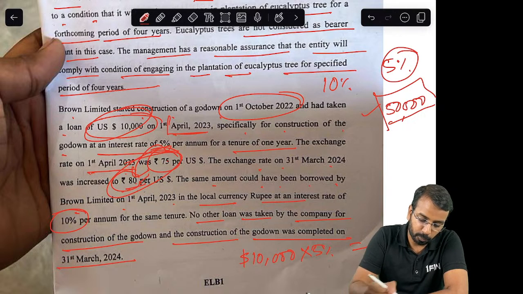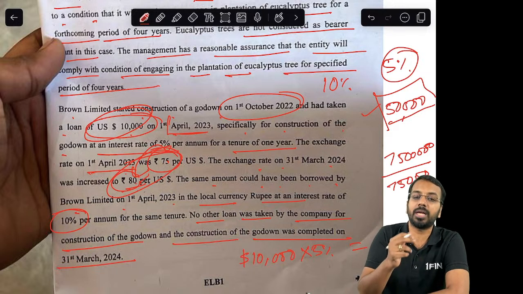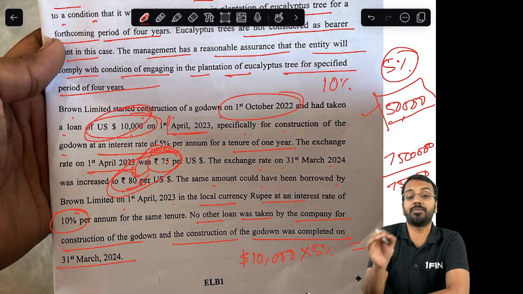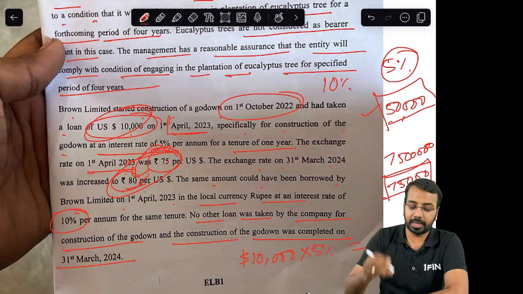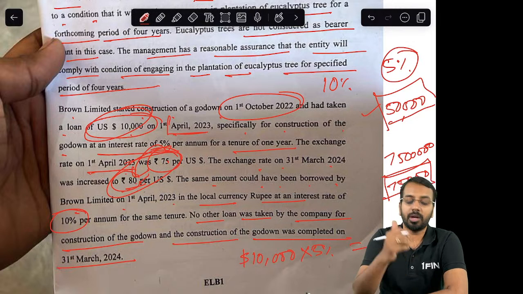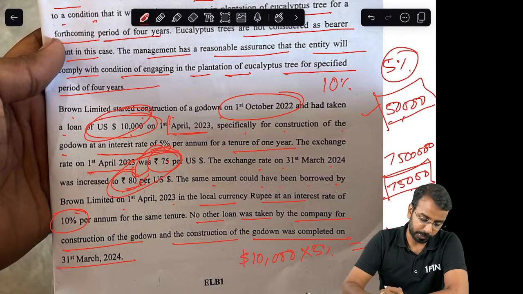Then if you borrow locally, $10,000 into 75, you get 7,50,000. Local interest rate would have been 75,000, right? So 75,000. So whatever savings have been there to that exchange, the exchange fluctuation will be treated as borrowing cost. So here you have 40,000 of interest, 75,000 if you borrow in local currency. So the difference, that is 35,000 out of 50,000, 35,000 will be treated as borrowing cost.